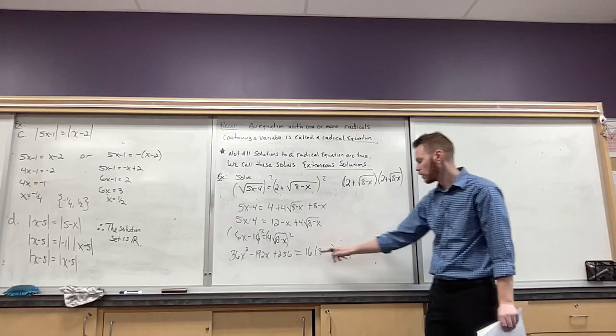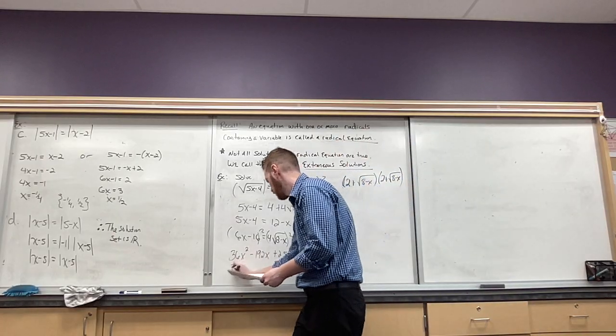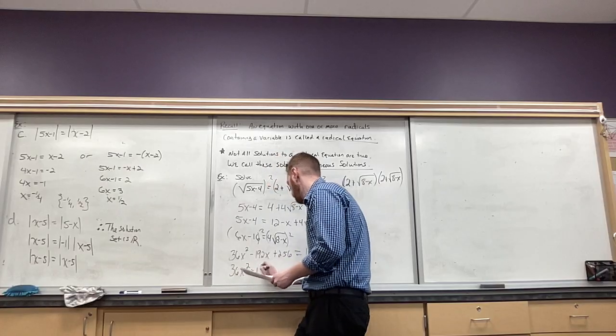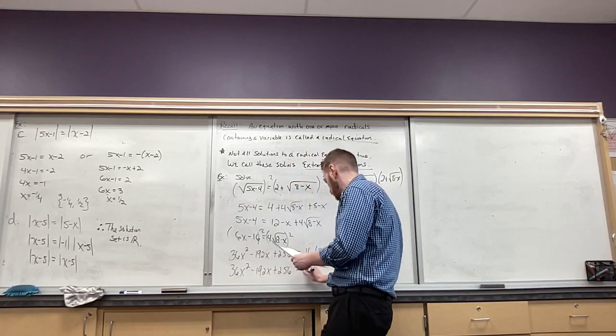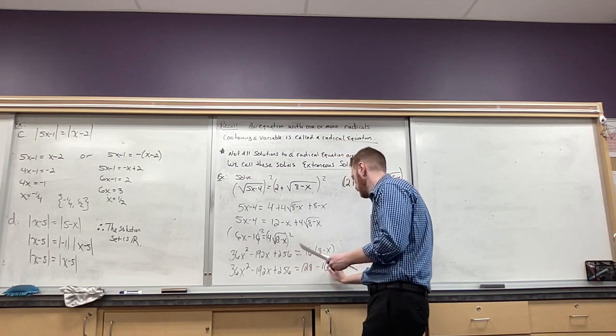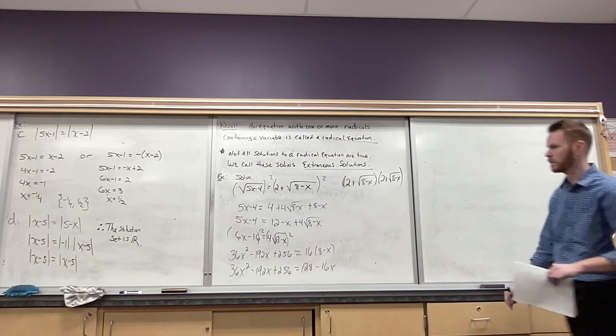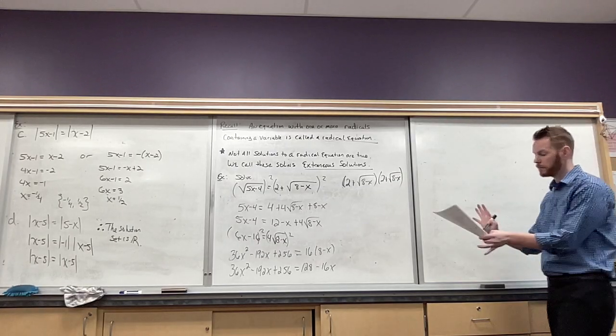All right, so I'm going to multiply this to both terms. So we get 36x squared minus 192x plus 256 equals 128. That's a weird 128. Minus 16x. Okay? So combine them all together.